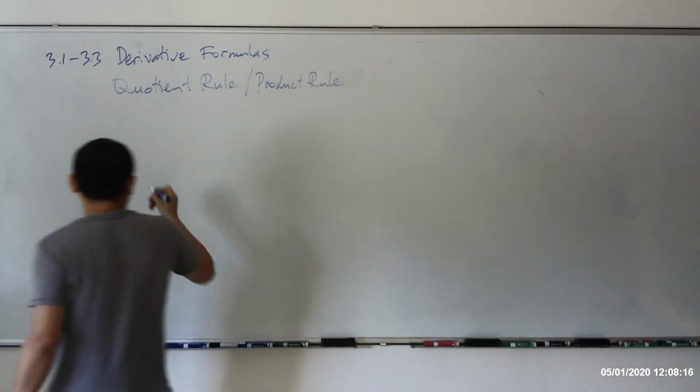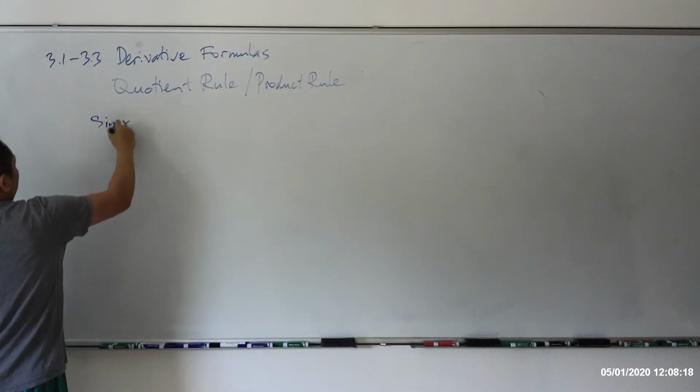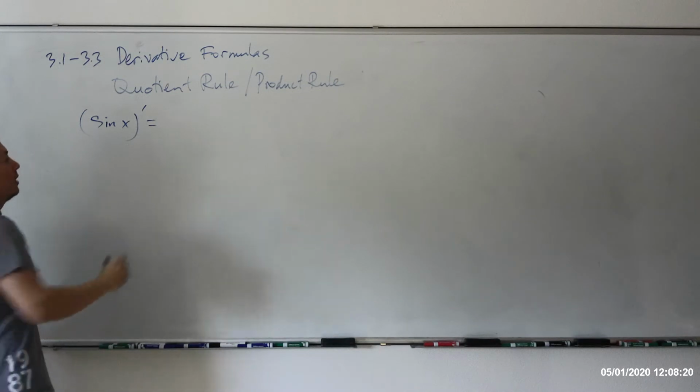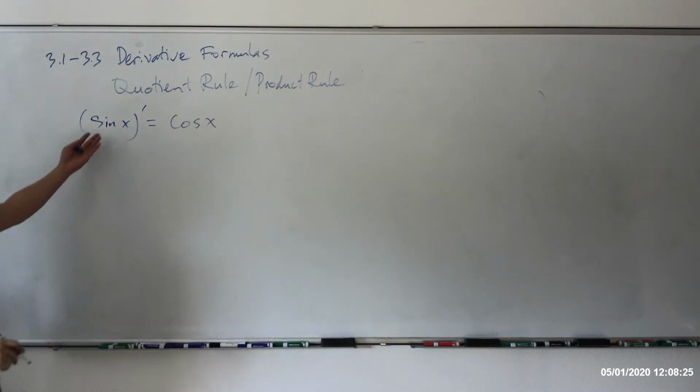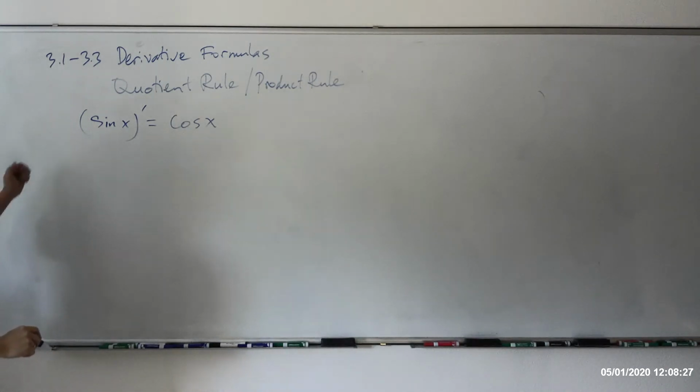So the derivative of sine of x is cosine of x. I'm using the traditional notation of the derivative.